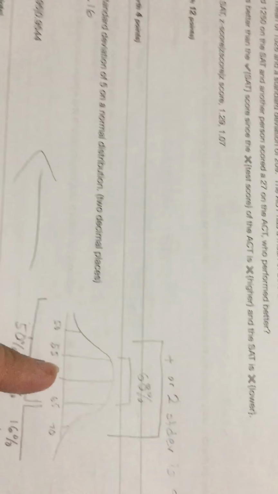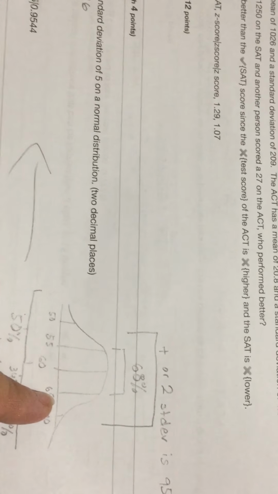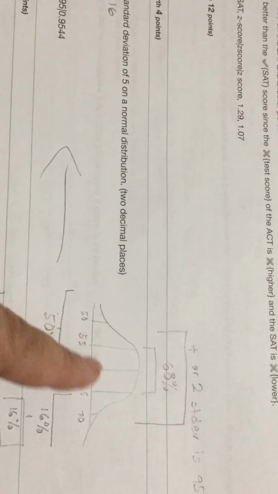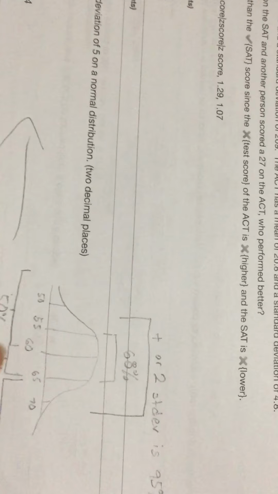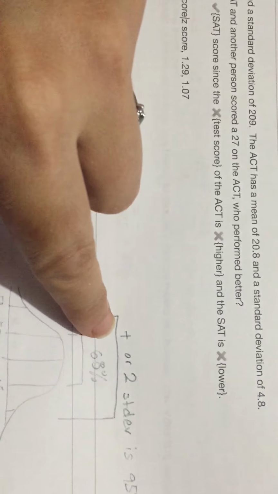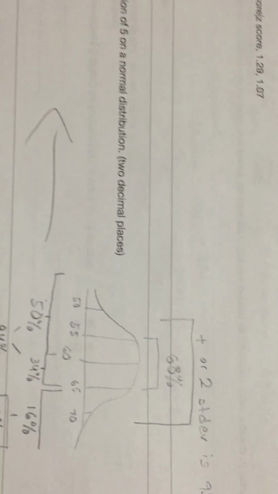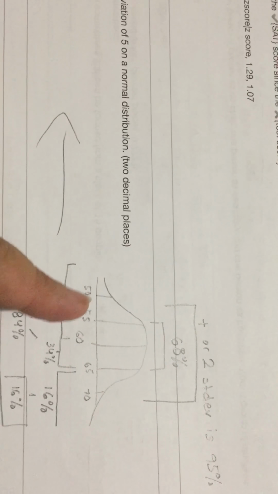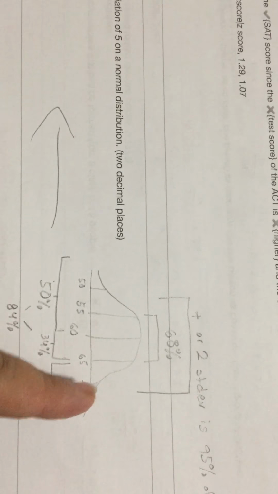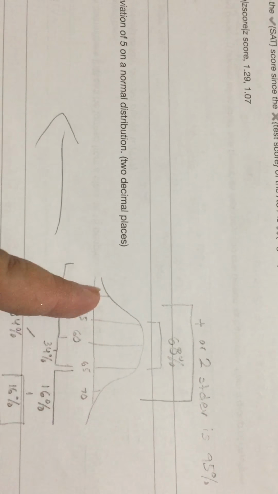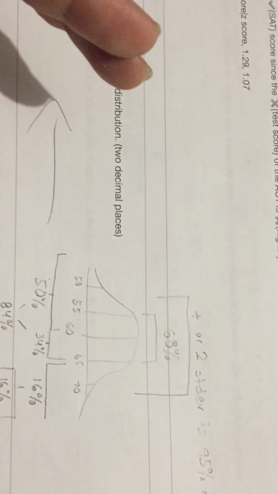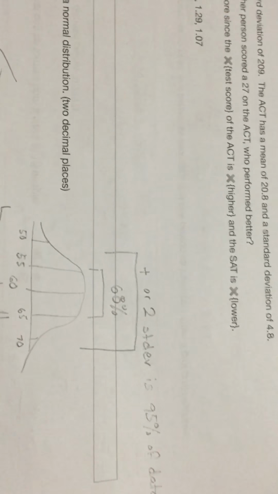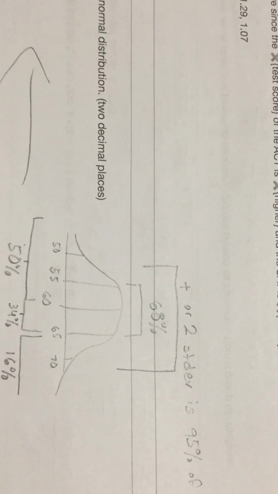If you're asking how much is going to fall between 55 and 65, we say 68%, because that's the first standard deviation to the second. So it's 0.68 if we're doing it in decimals. If they asked how much is falling between 50 and 70, which is the 2 standard deviations, it would be 0.95.